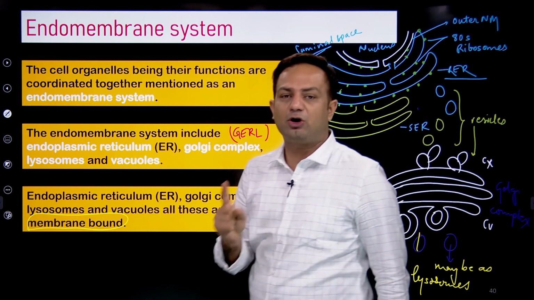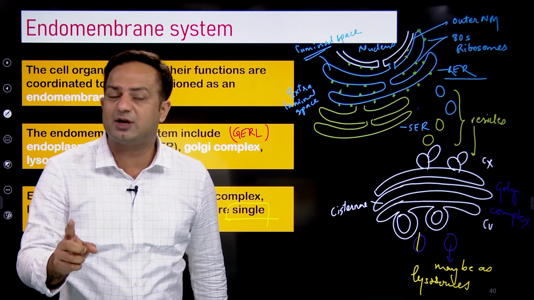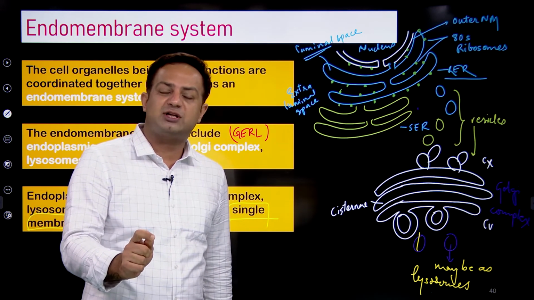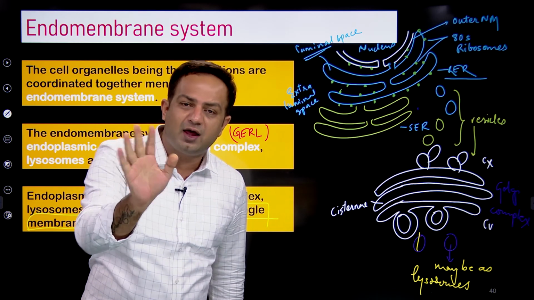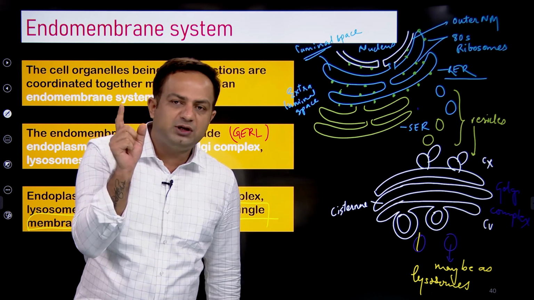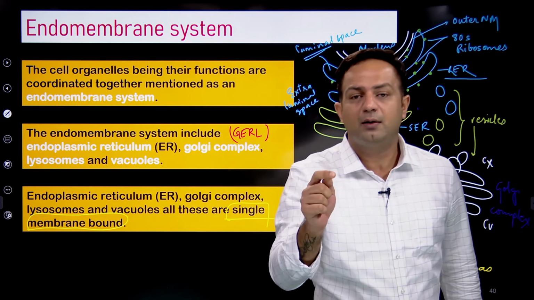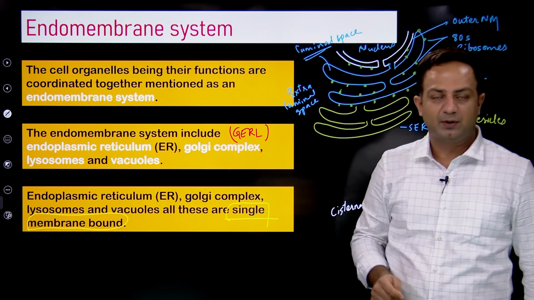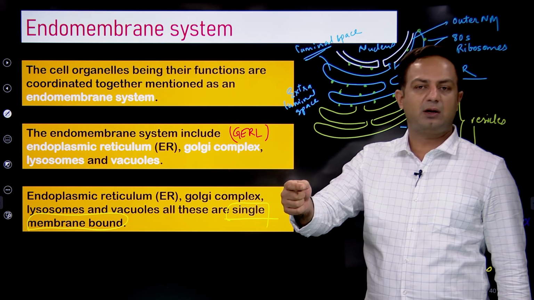Single membrane bound cell organelles like endoplasmic reticulum, Golgi apparatus, lysosome, vacuoles form the endomembrane system, but the double membrane bound cell organelles, mitochondria and chloroplast, are not. So be clear about this. Which type of cell organelles form the endomembrane system? Single membrane bound or double membrane bound? Answer is single membrane bound.